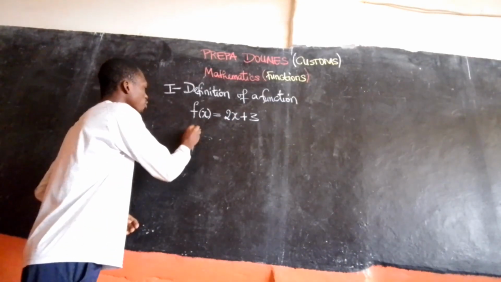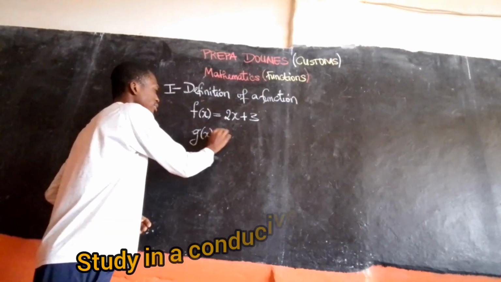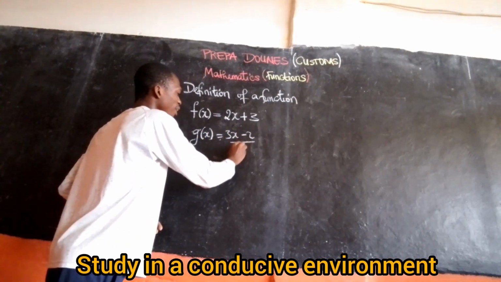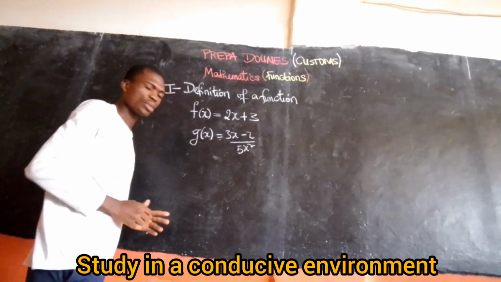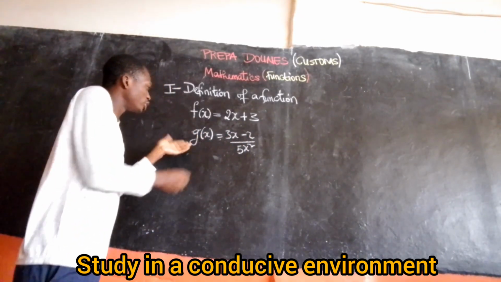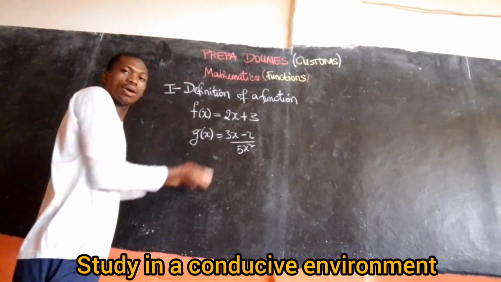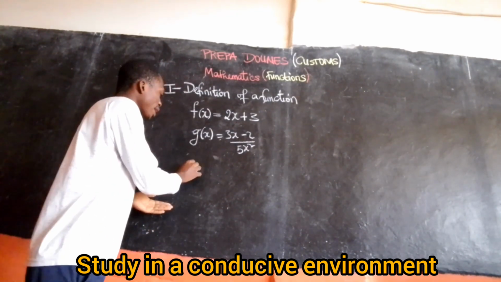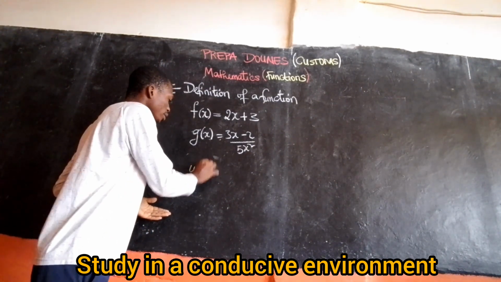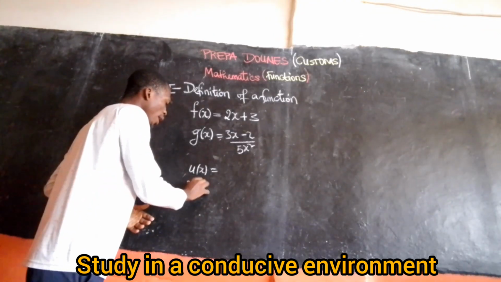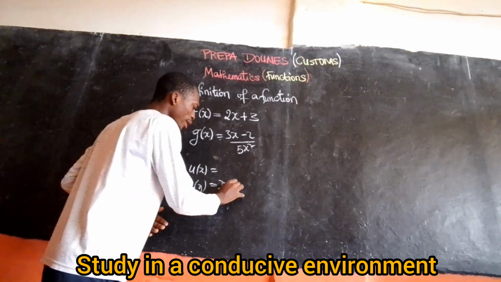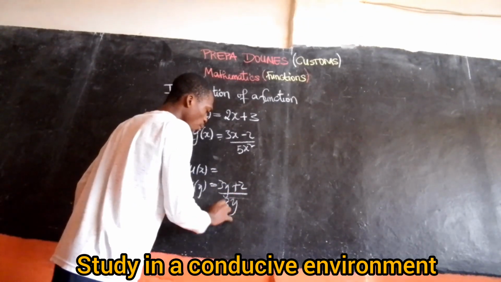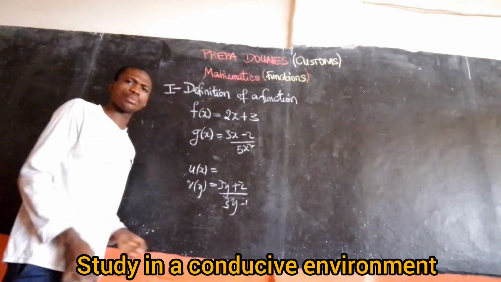We can also have a function like g of x, 3x minus 2 over 5x squared, something like that. g of x is a function. g is a function defined by x. We can have functions like u of x equal to something, v of y equal to 3y plus 2 over 3y minus 1, for example.